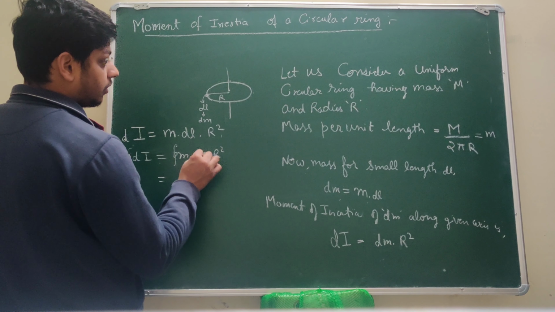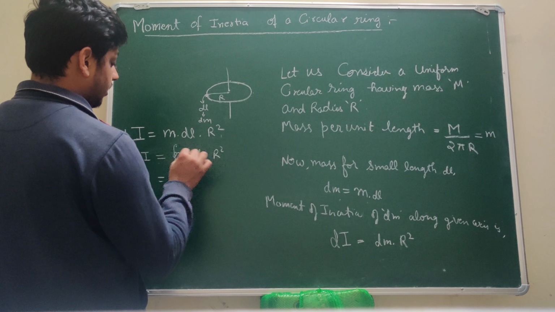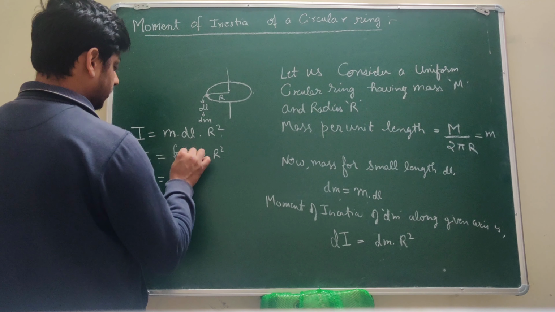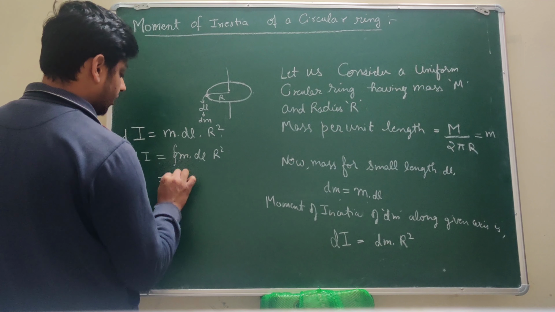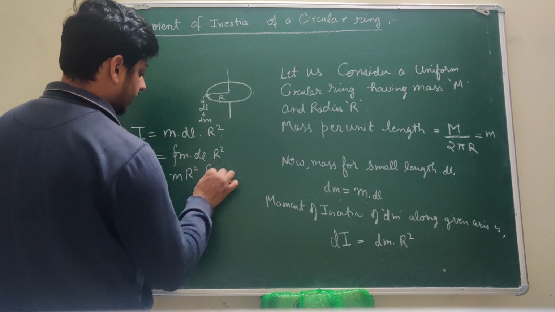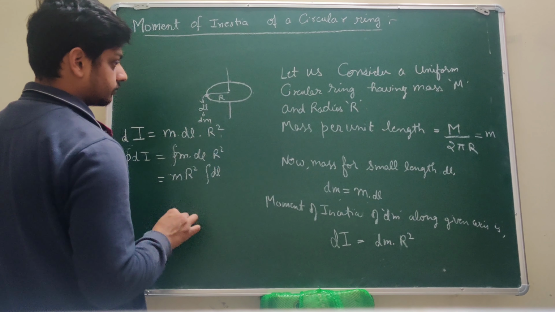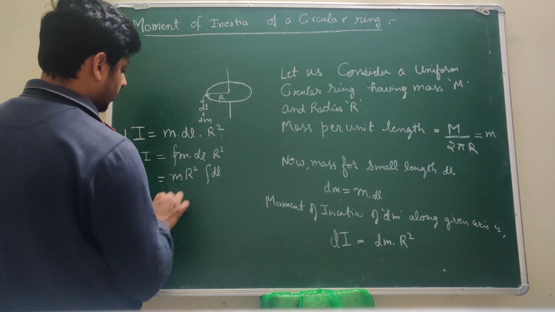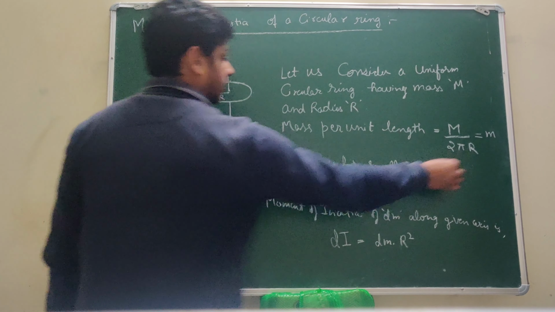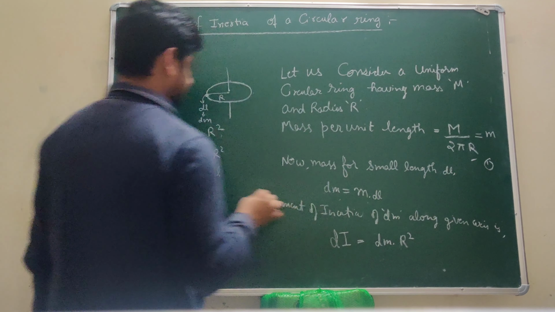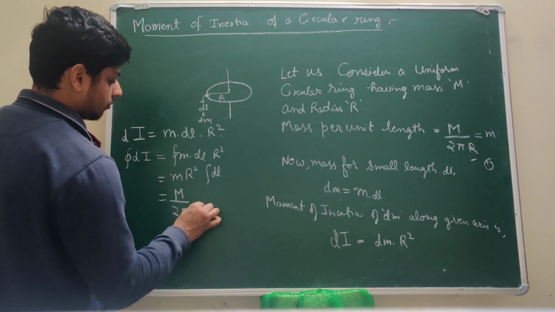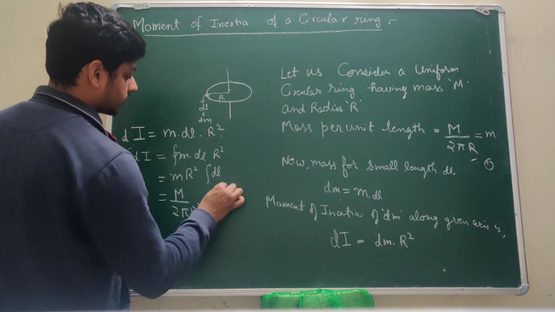Now m dot dl, so from here I will take out m r square outside and dl inside, and m can be written from this first equation as M divided by 2 pi r, into r square.